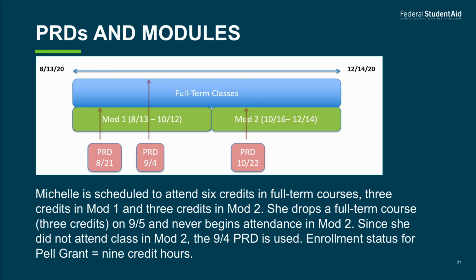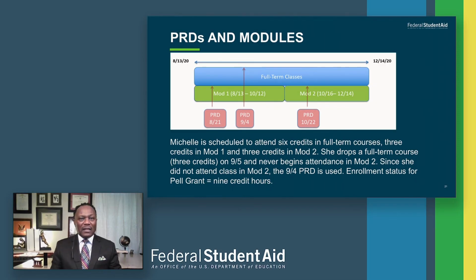Please note how this is after the full term course PRD of September the 4th. When Module 2 starts, Michelle never begins attendance in that module. Since she never began attendance in Module 2, the PRD of 10-22 was never activated. That means we must use the 9-4 PRD, which is the last PRD that was activated.